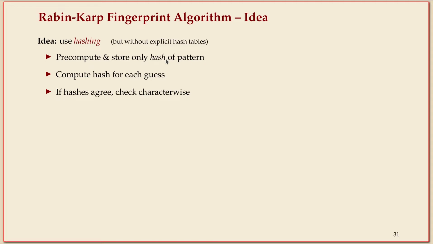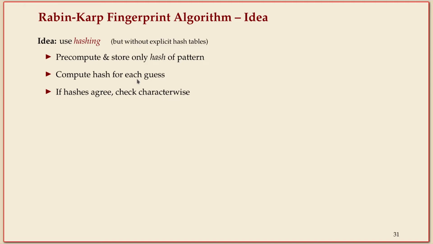And then for each guess in the text, you can compute this fingerprint. If the fingerprints are different, there's definitely no match. If the fingerprints are the same, there could be false positives. With a hash, you have collisions, so it can happen that two things have the same hash, the same fingerprint, but they are not the same. Fingerprints for humans tend to be fairly unique.